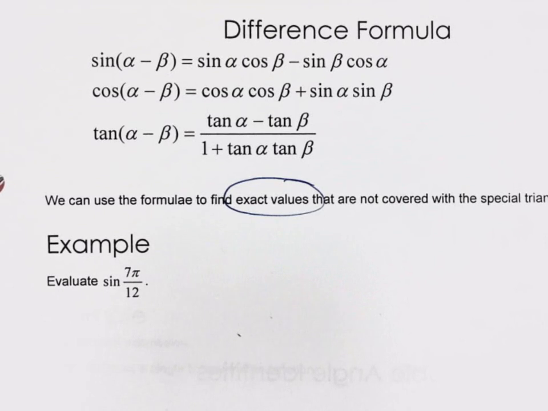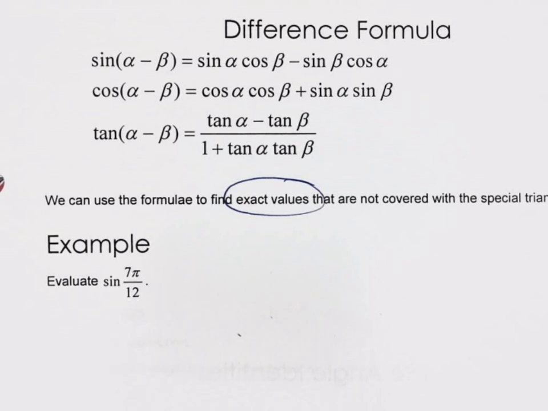No calculator means no decimals. Leave it as a fraction, radicals, those sorts of things. So as soon as you see exact values, you know you should put your calculator off to the side, because it's not going to help you. Or it will give you an answer, but you're going to get marks deducted because if you give it to me as a decimal, that's not an exact value.